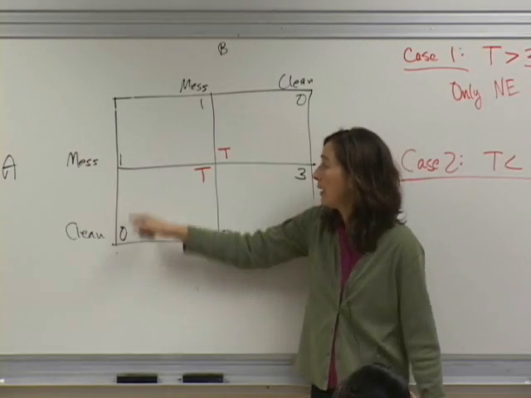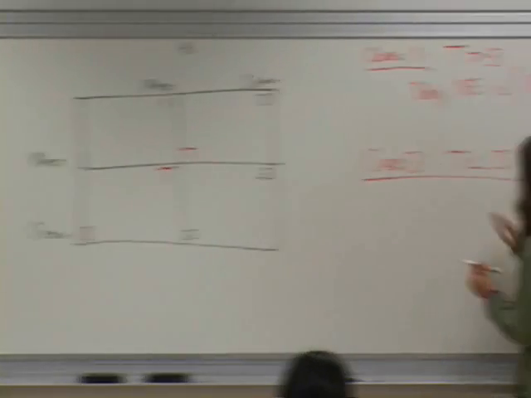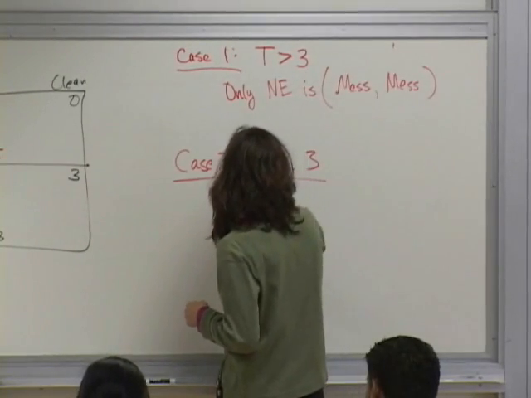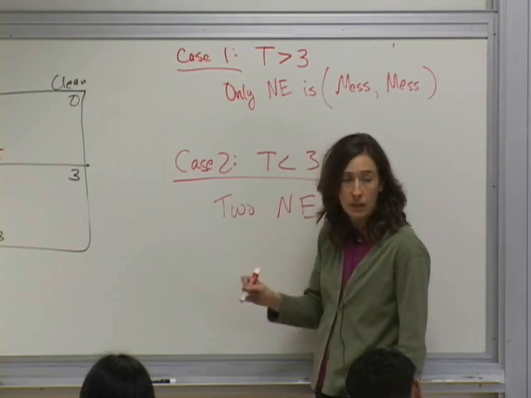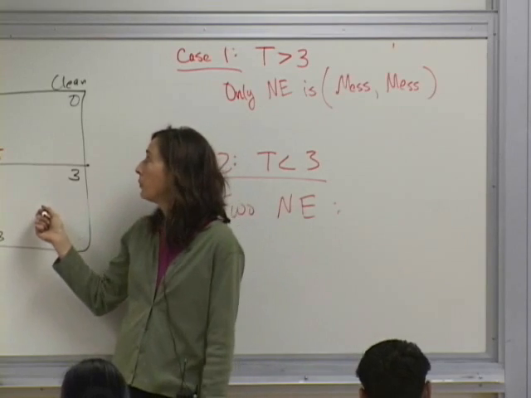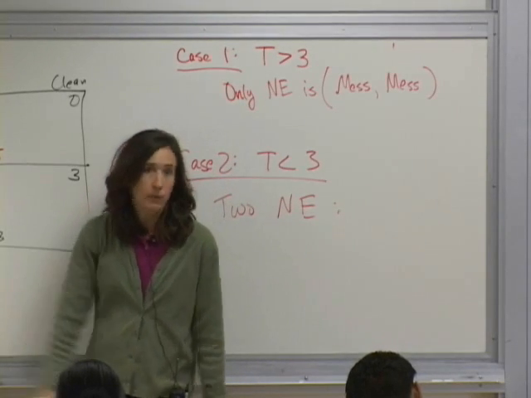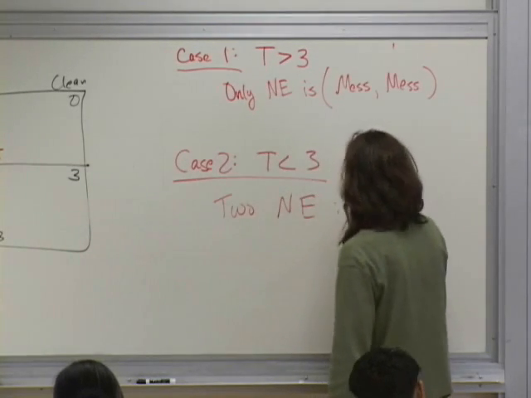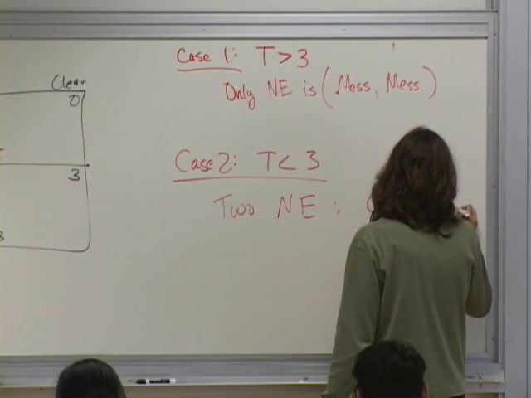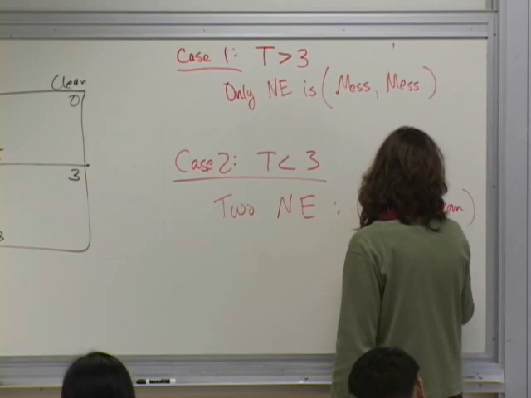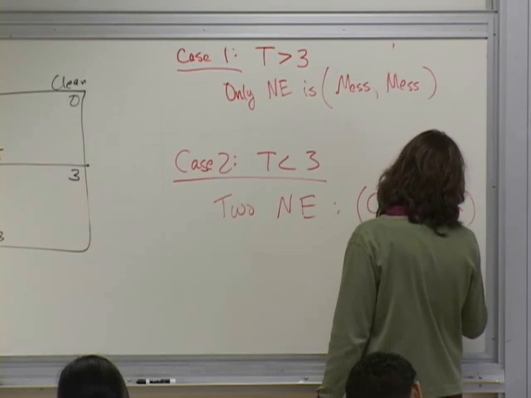But if you leave a mess, I'd rather leave a mess. In this case, there are 2 Nash equilibria. For T less than 3, both clean is an equilibrium and both leave a mess is an equilibrium.